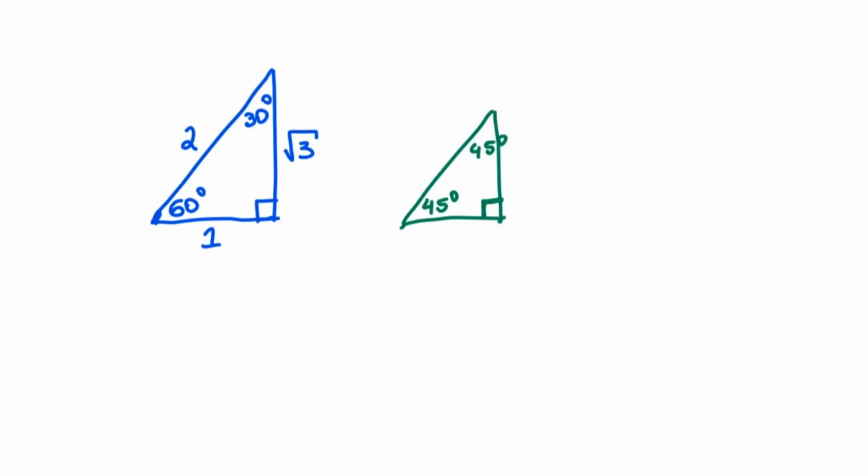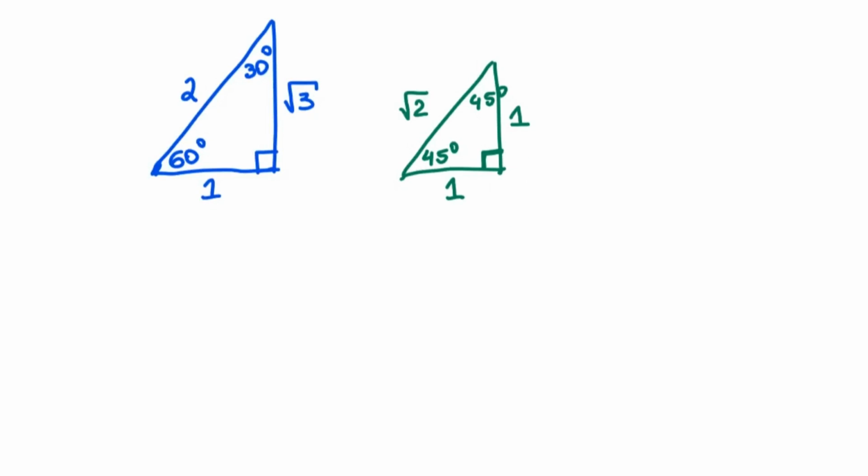It helps to memorize these ratios because it saves time and it helps you determine the exact values, not approximate decimal values. And within the other triangle, this side is 1, this side is also 1, and the hypotenuse is square root of 2.